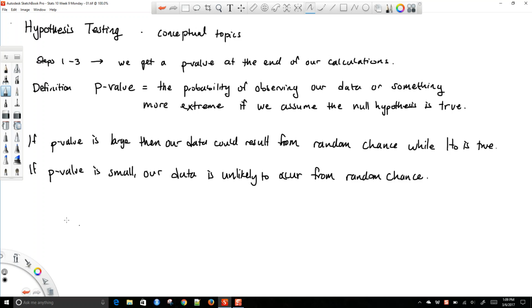So what is large, what is small? We compare the p-value to our significance level alpha to decide if it is large or small.